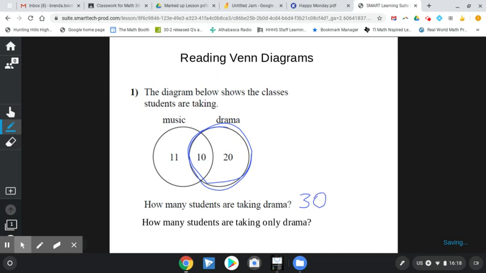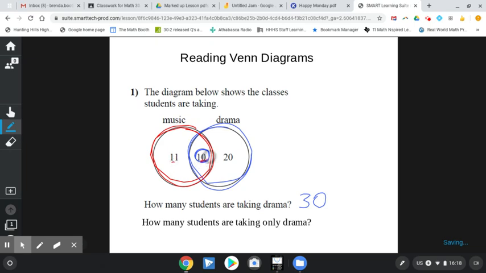Now, how many students are taking only drama? We're not going to count the 10 that are here, because those 10, if you look closely, belong to the music circle. So the music circle has these 10 people plus these 11 people in it.